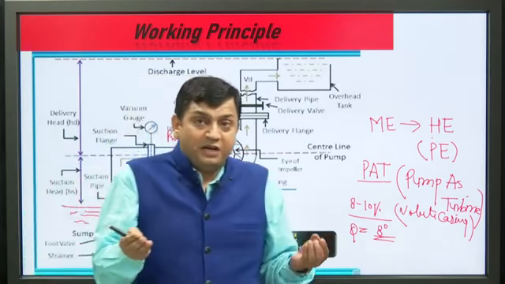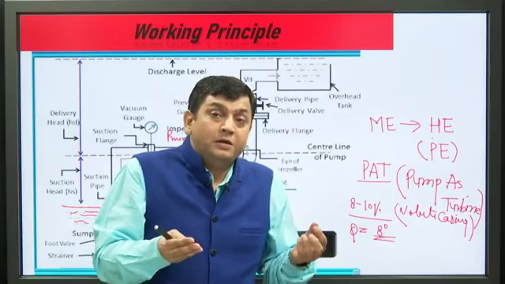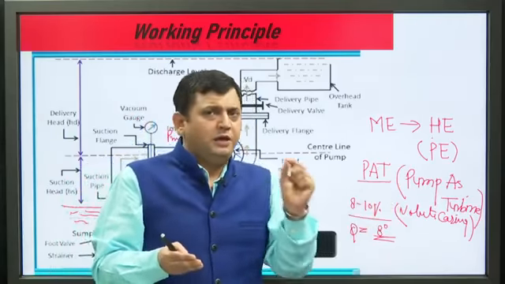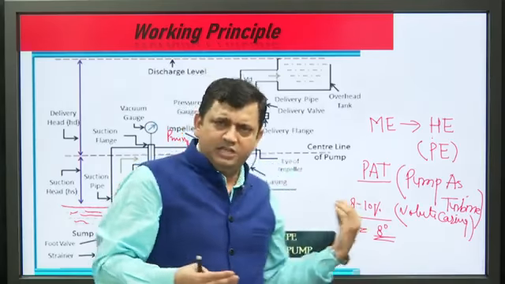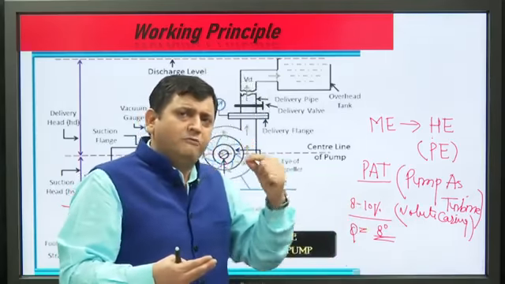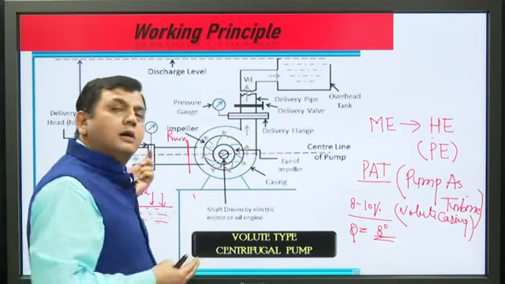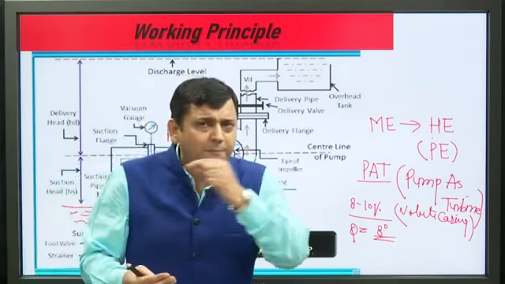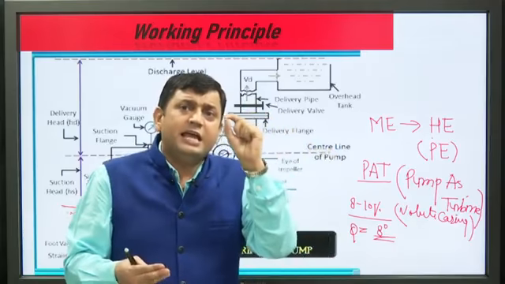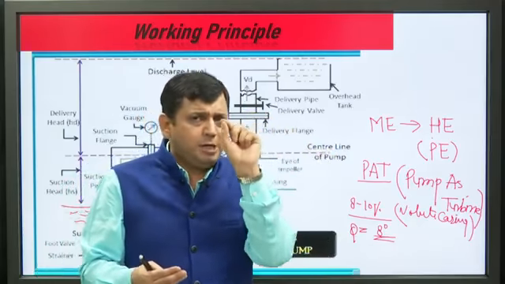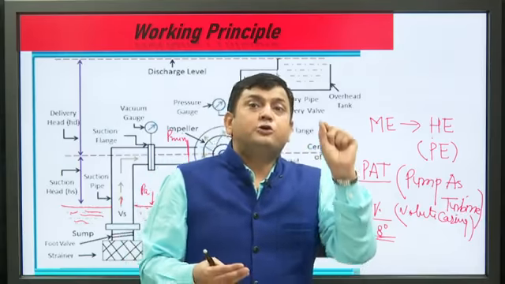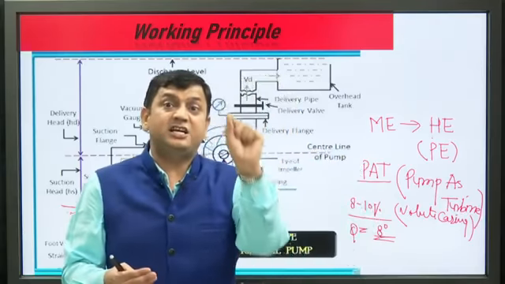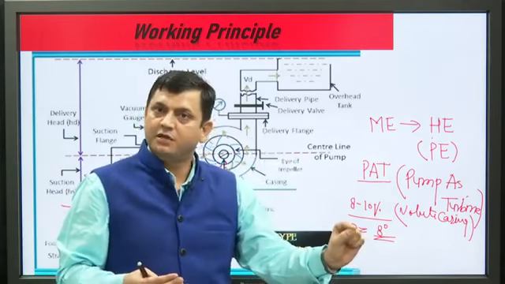What is cavitation? Cavitation is the process that occurs if fluid flows in any system. In the centrifugal pump, fluid is flowing in the suction pipe. If pressure anywhere goes below the vapor pressure, bubble formation takes place.